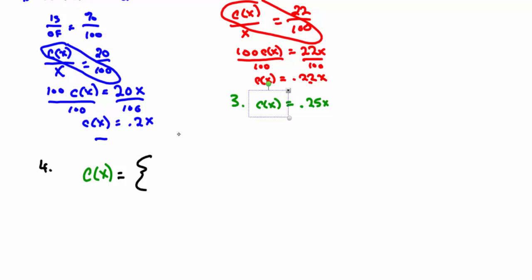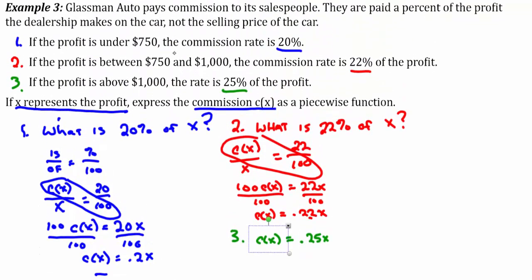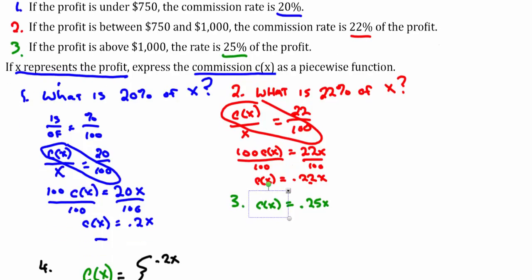Then a grouping symbol, and the first equation, which is C of X equals 0.2x. So that'd be 0.2x. Now in this piecewise function, we're only going to use the equation 0.2x when, and let's go back up here, when the commission rate is 20%, when the profit is under $750.